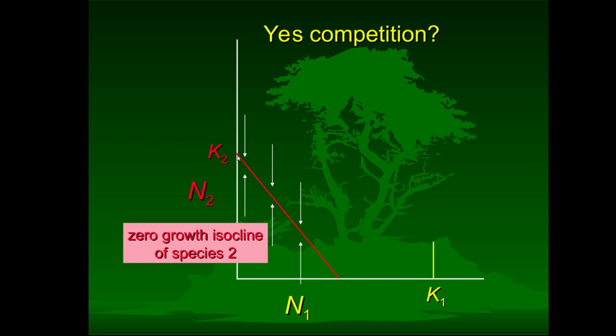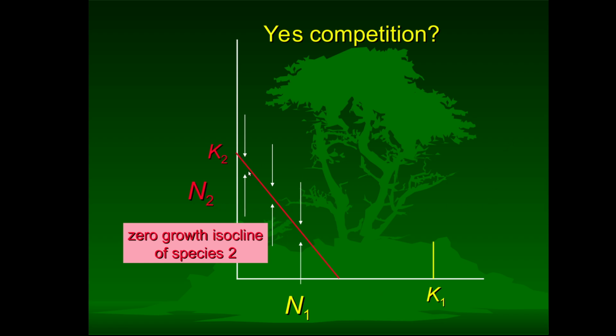But if the competitor is present, then species 2 can no longer reach its potential carrying capacity. However, it still has a maximum population density, and that maximum is on the zero growth isocline. That maximum we can think of as the realized carrying capacity, the carrying capacity that is realized in the presence of the competitor. So this will always be lower than the potential carrying capacity K2. Same argument applies to species 1 in the presence of its competitor, species 2.